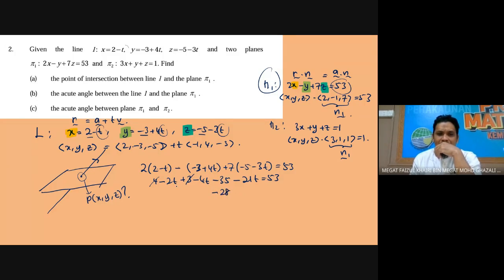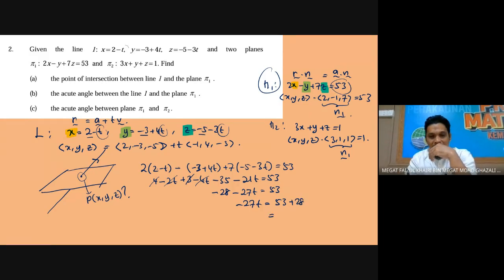And then negative 2t minus 4t is negative 6t. Negative 6t minus 21t is negative 27t, equals 53. So then negative 27t equals 53 plus 28.